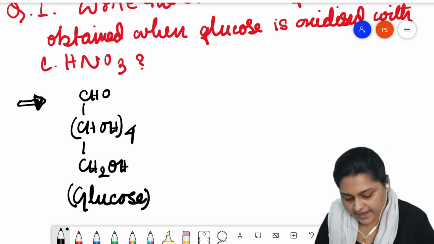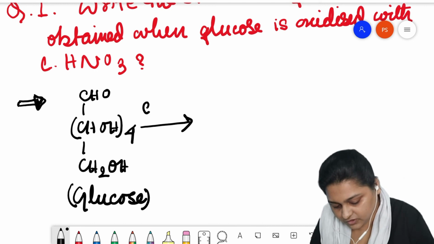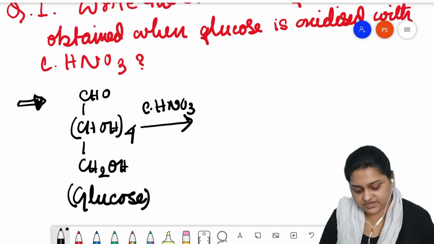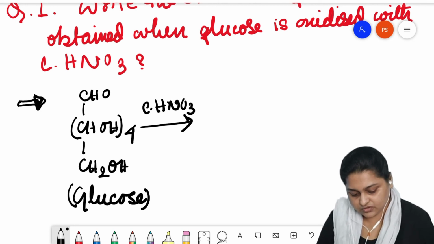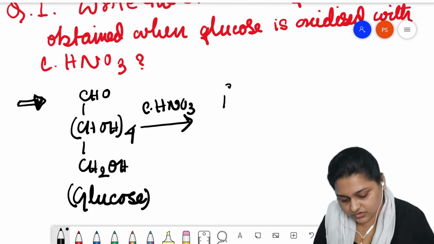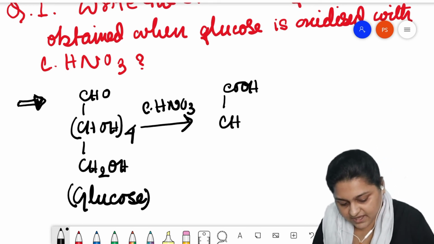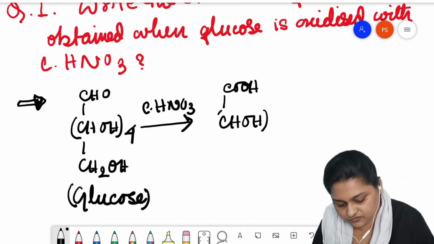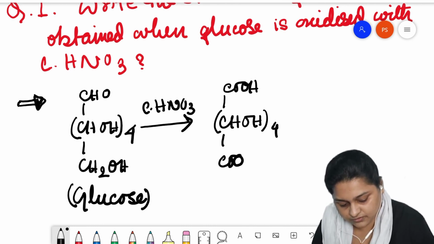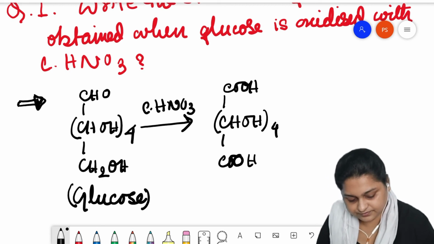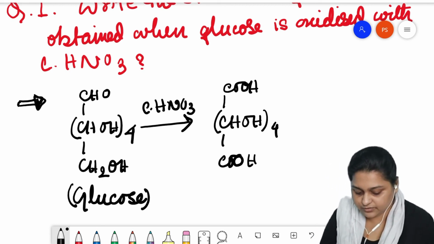This will react with concentrated HNO3 and will get oxidized to COOH, CHOH whole 4, COOH, a dicarboxylic acid known as saccharic acid.